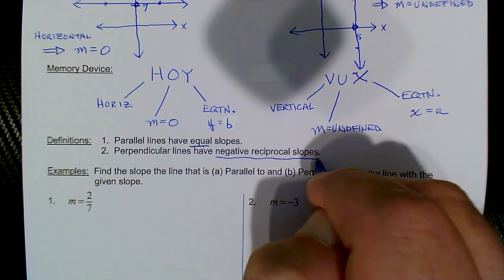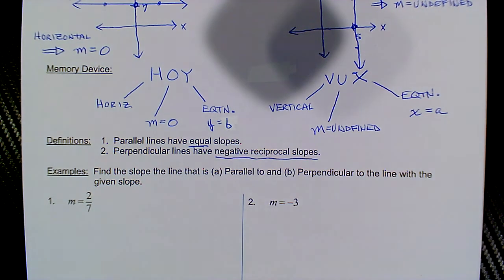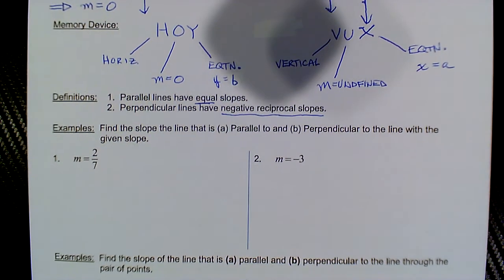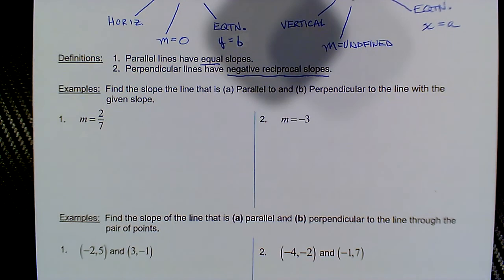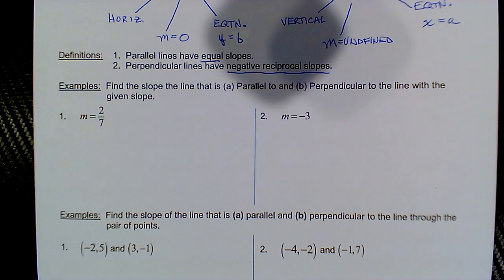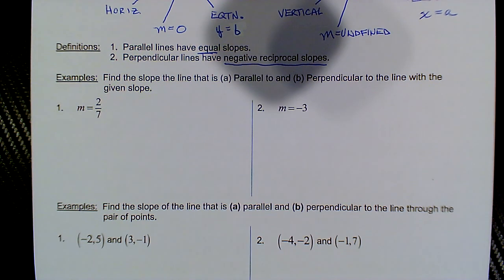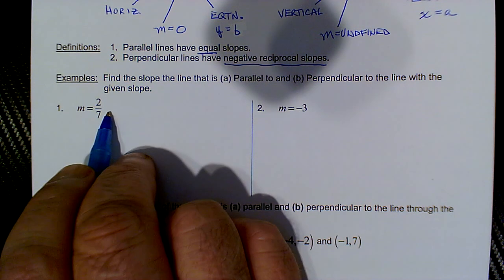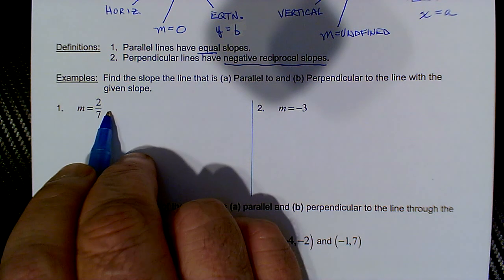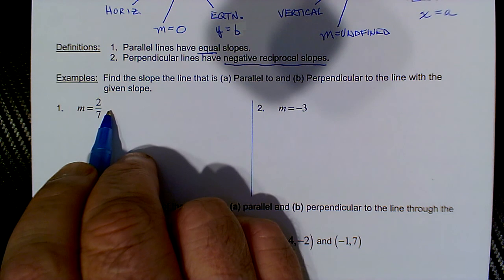But perpendicular is the negative reciprocal. That's why I put it over 1, so when we flip it over we get 1/3, and then the opposite would be positive.